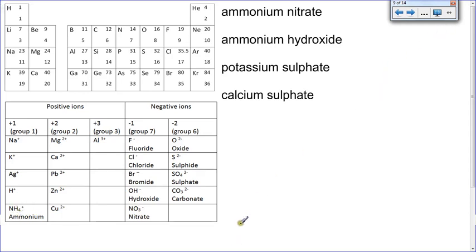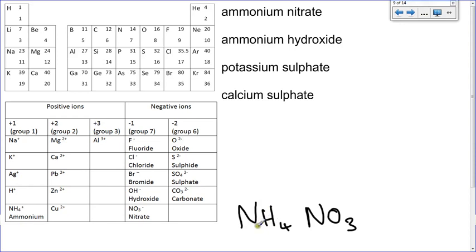If we do ammonium down the bottom here, that's NH4, that's got 1 positive charge. And if we've got nitrate, NO3, well, nitrate has got 1 negative, so the formula is just as I've written there.